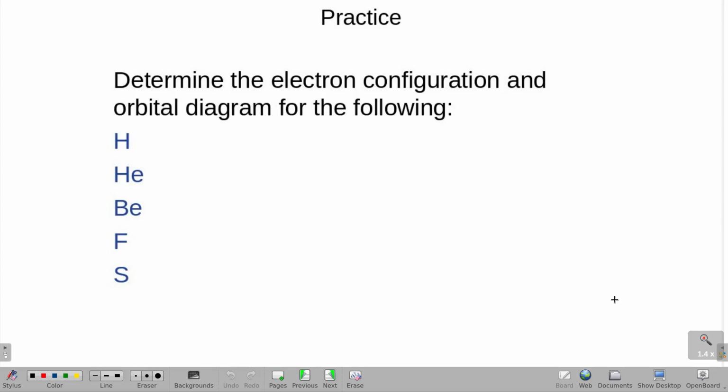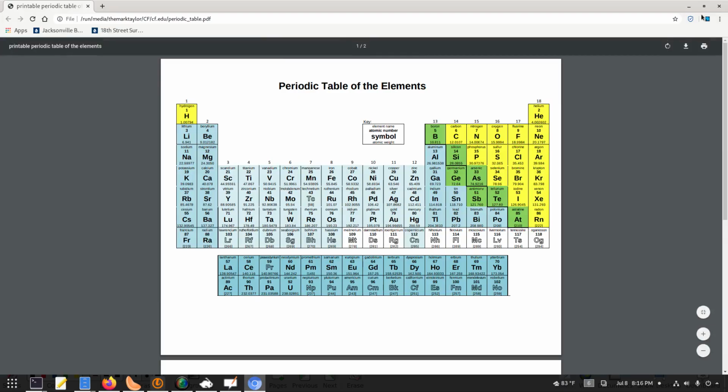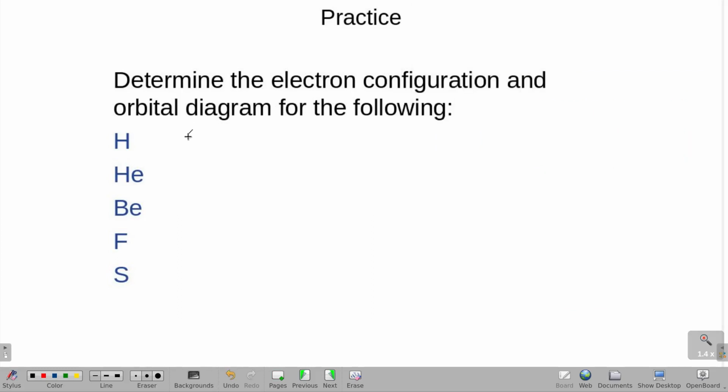The best way to do these, or the only way, unless you somehow have the periodic table memorized, is to use the periodic table. So hydrogen has just 1 electron. It's in that first spot. That is just a single electron in a 1s orbital: 1s1. Helium, technically right next to it, has 2 electrons in it, but it's still in the 1s orbital.